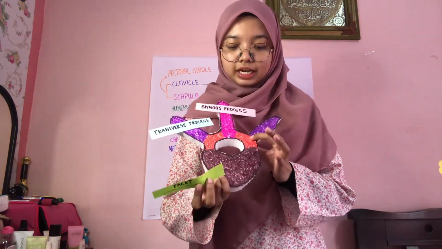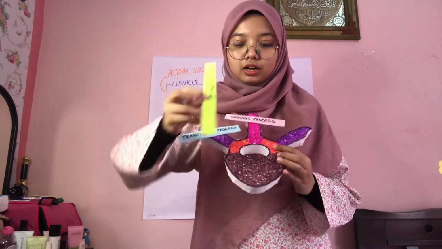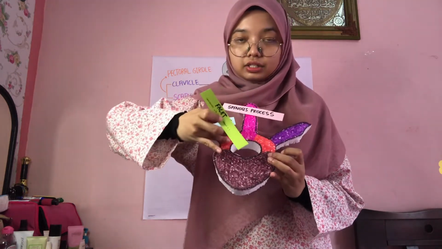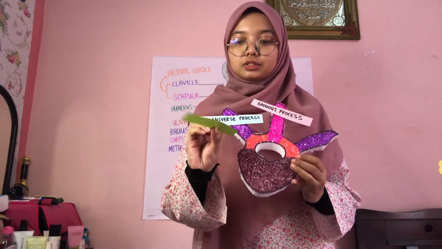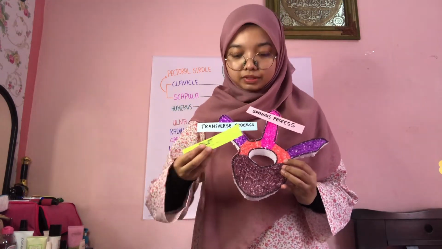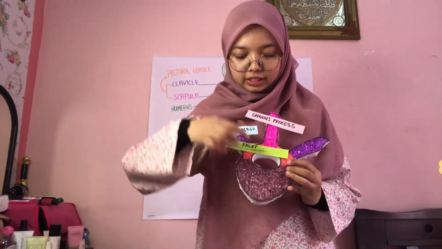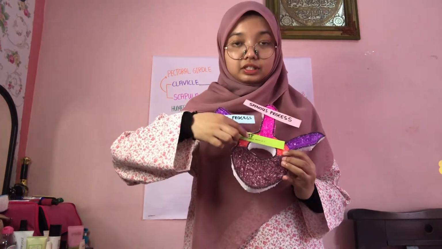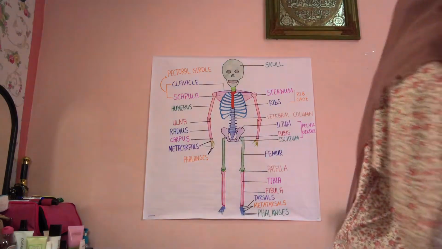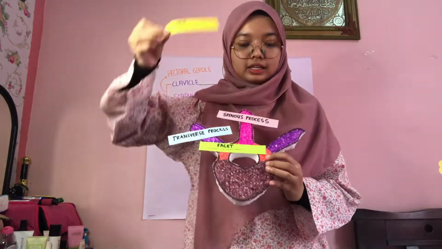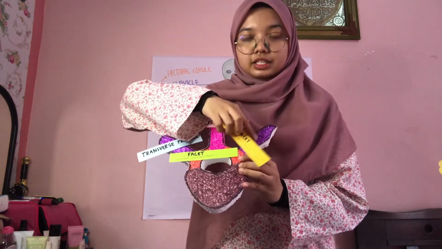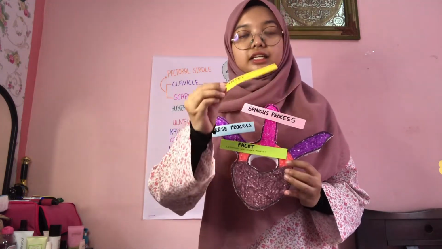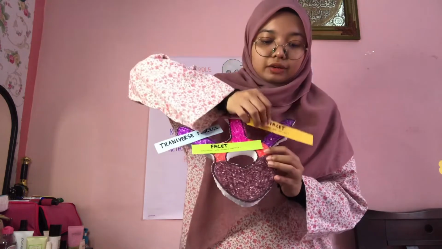For your information, on this side, the orange one, there is a facet. Facet function is to articulate with the vertebra above it. So this place will articulate with the facet above, and the facet on the transverse process here will articulate with the rib cage.